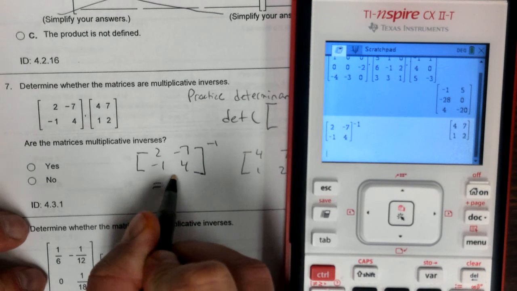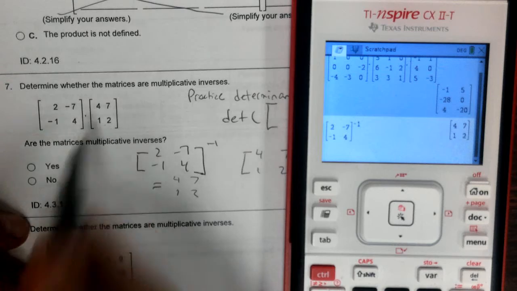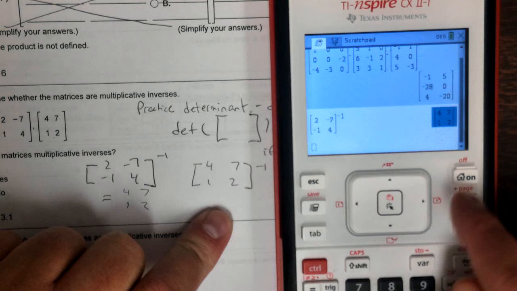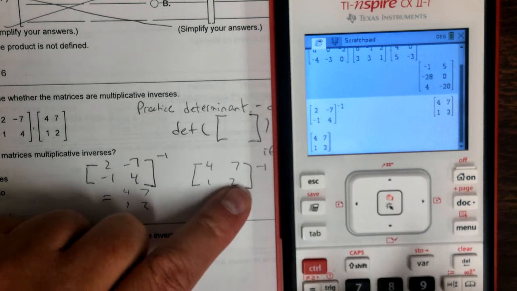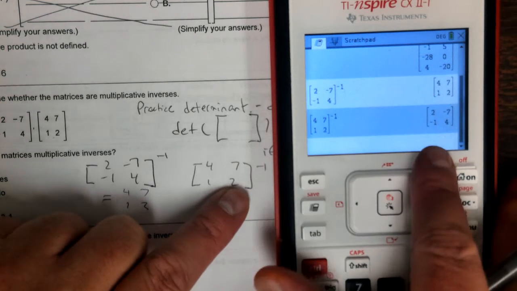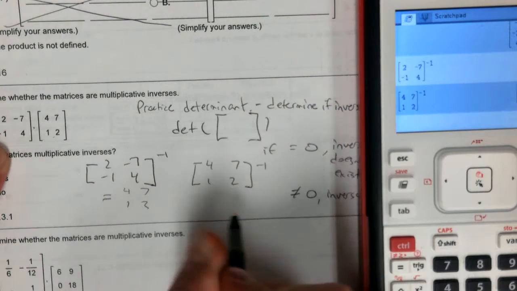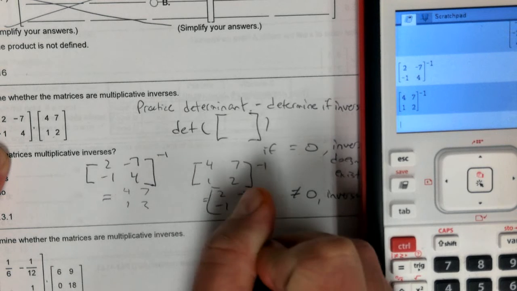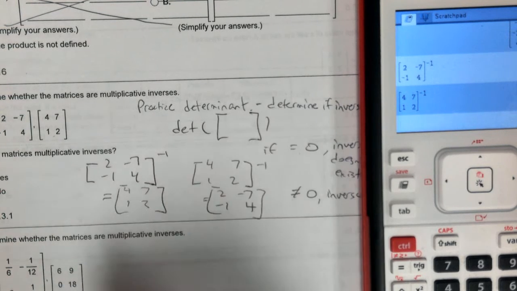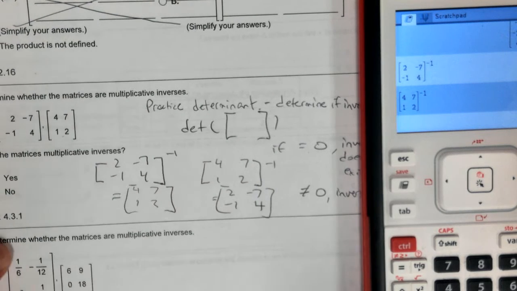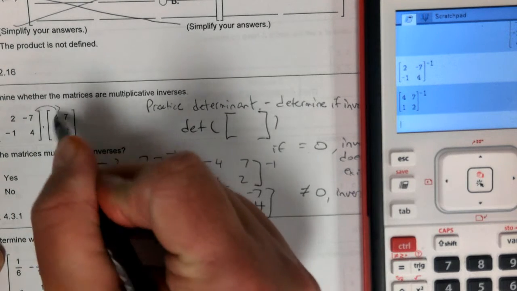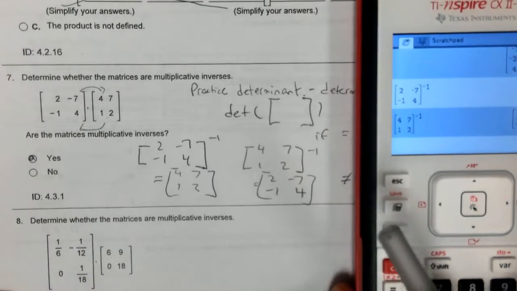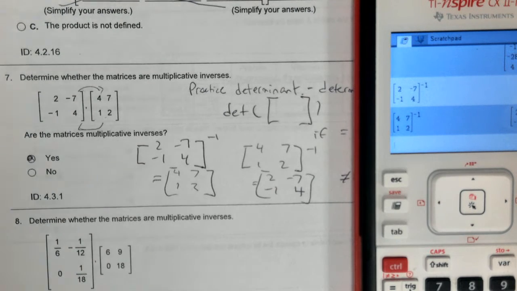That gives me 4, 7, 1, 2, which is that. Okay. And then if I do this one, by the way, I'm just going to highlight, press enter. If I do that, -1, then it gives me the 2, -7, -1, 4. So you do get the same thing. It works this way as well as that way, and so it's a yes in my problem, because you got what we wanted.